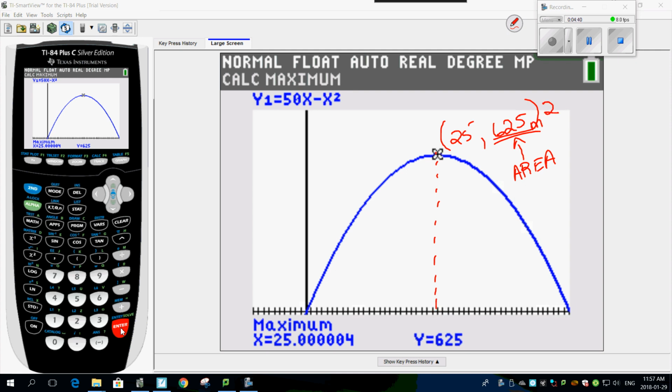But what does this mean? Do you remember? We were talking about length. We said x, we're going to get rid of the L and substitute it with x. So that x value has to be the length. So at a length of 25 meters, you're going to have an area of 625. That's how it's going to work. Go back to here.